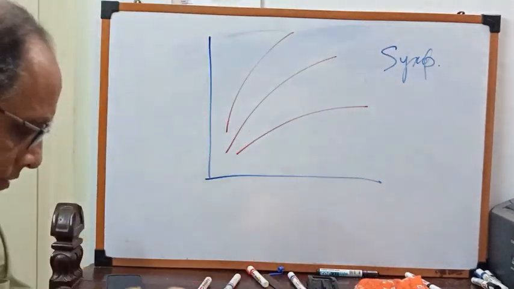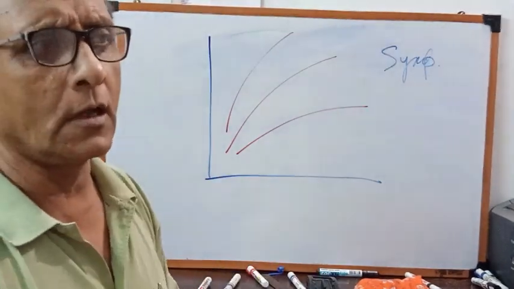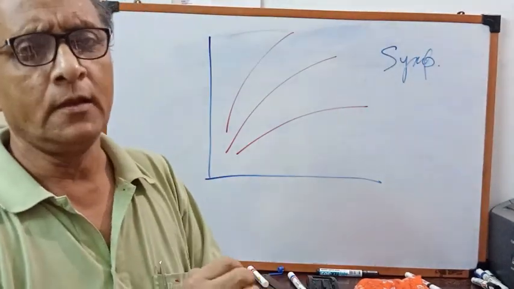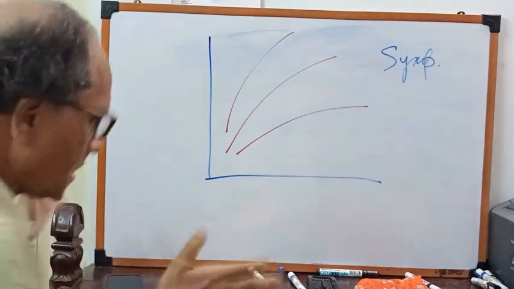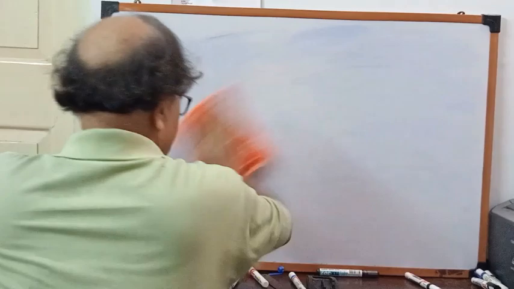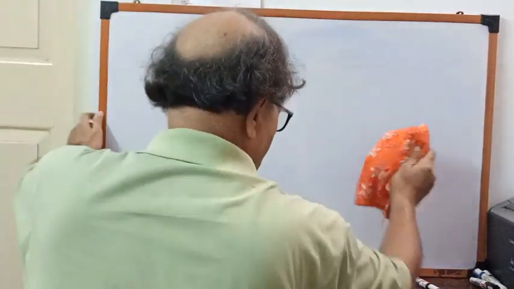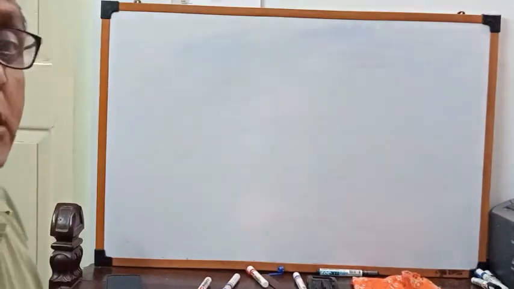So I took around 15 minutes to interact on some of the issues you raised in my last class, and here try to enter into the next class. Now I told you to go through something about the PV loop.